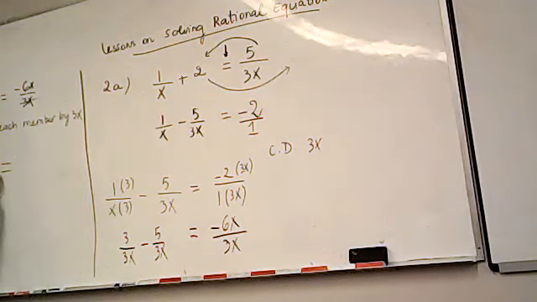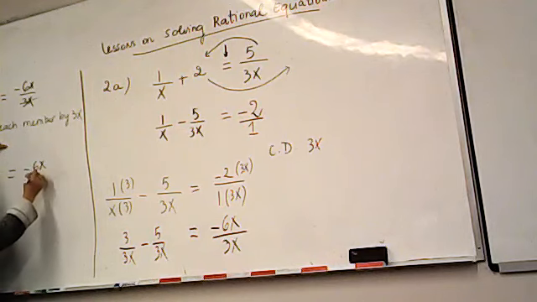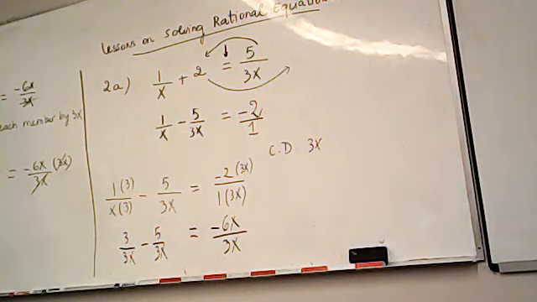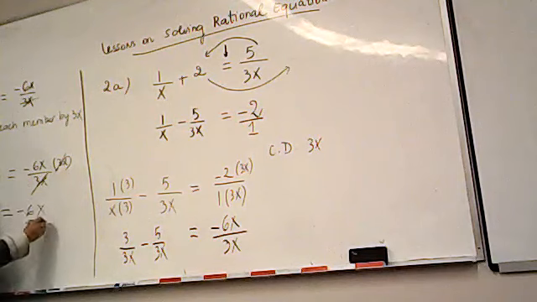So you have to times 3x for this one, and down here you can cancel. See that? Here you will have 3x down here. You have to times 3x to get rid of it. So what happened? This equals 3 minus 5, because they're gone, equal minus 6x.